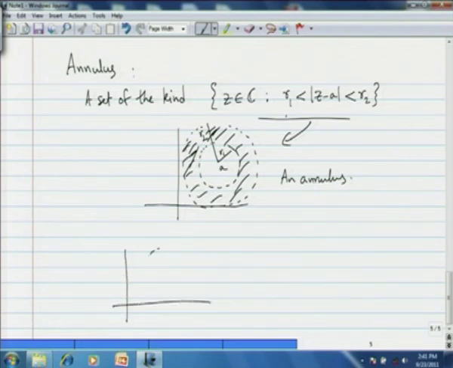In a more generalized sense, we will allow these circles to have different centers sometimes. So, a region of this shape will also be called an annulus sometimes. Here the center of the outer circle and that of the inner circle are different. So, the enclosed region is a generalized annulus.